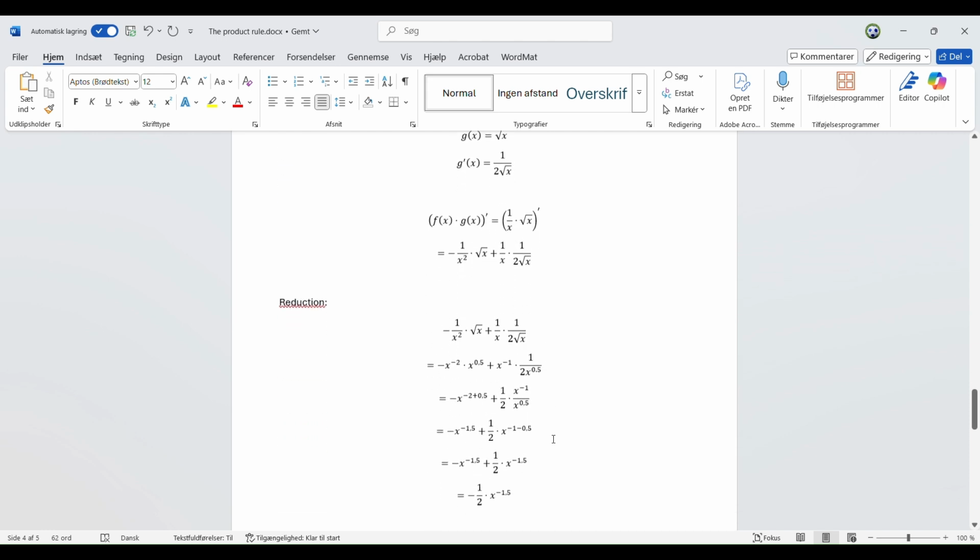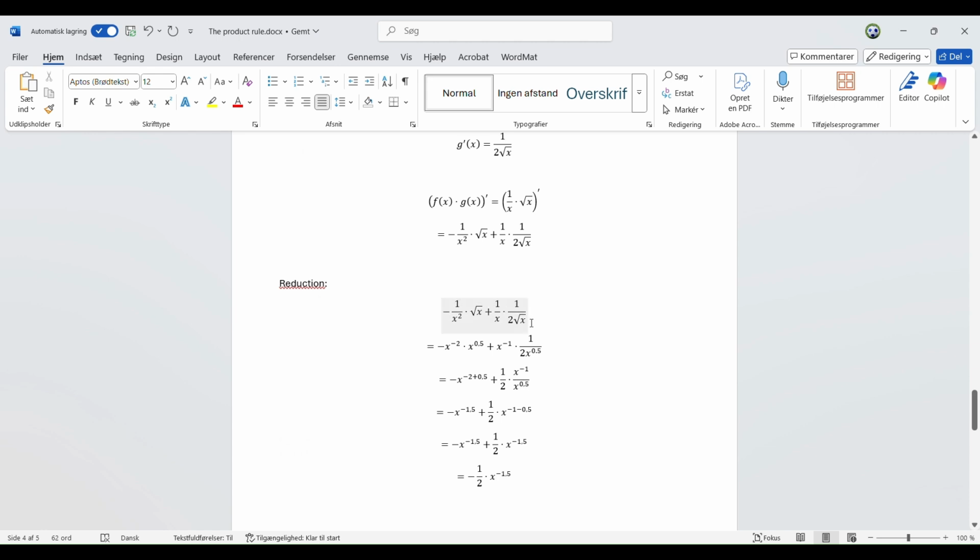If we want to reduce this, I've just put in some lines down here. So we rewrite this expression like this. So minus 1 divided by x squared could be written as this. The square root of x can be written as x raised to the power of 0.5.